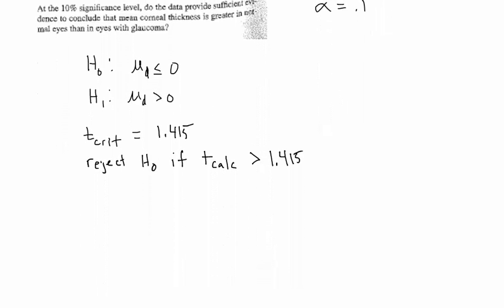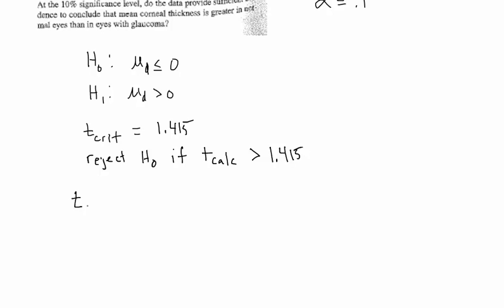and our formula for t-calc is equal to D bar divided by S sub D divided by the square root of N, which is equal to D bar was 4 divided by S sub D was 10.744 divided by the square root of N, which is the square root of 8.